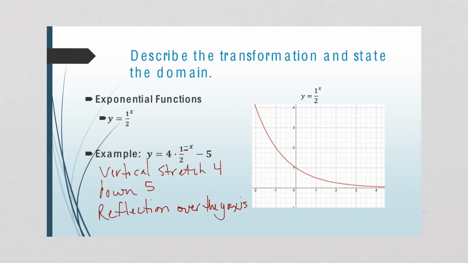And there I describe my transformation. My domain, as you can see from the picture, is still -infinity to infinity. And that's what I did with my exponential functions. Here you can also see why I talked about there being infinitely many parent graphs for exponential functions, because all I have to do is change my rate for b. Right?